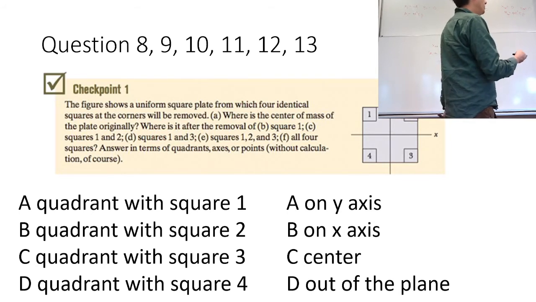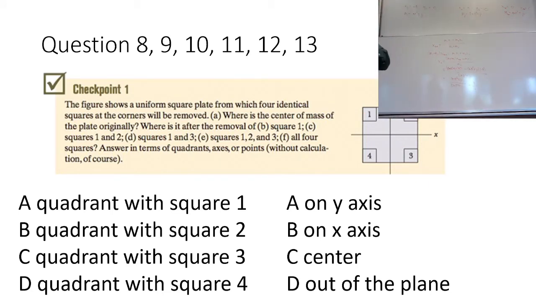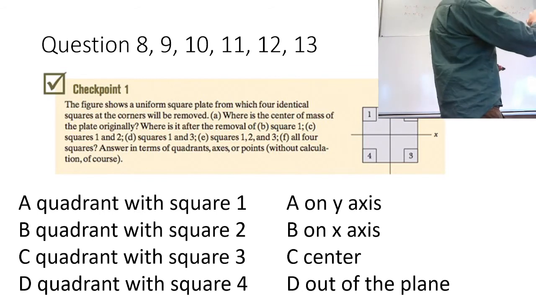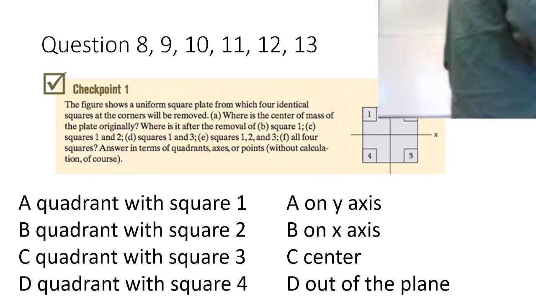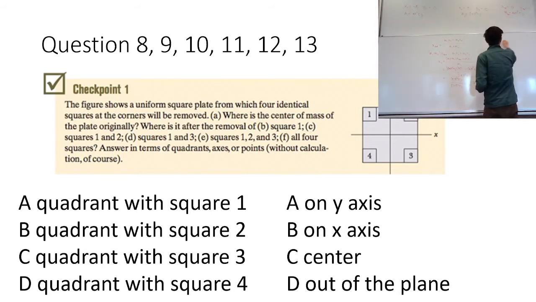What if you remove squares 1 and 3? At the origin. Yes. So again, I think maybe the easiest or the best way to look at these problems is sort of symmetry, right? So in this case, we've removed 1 and 3 here, right?